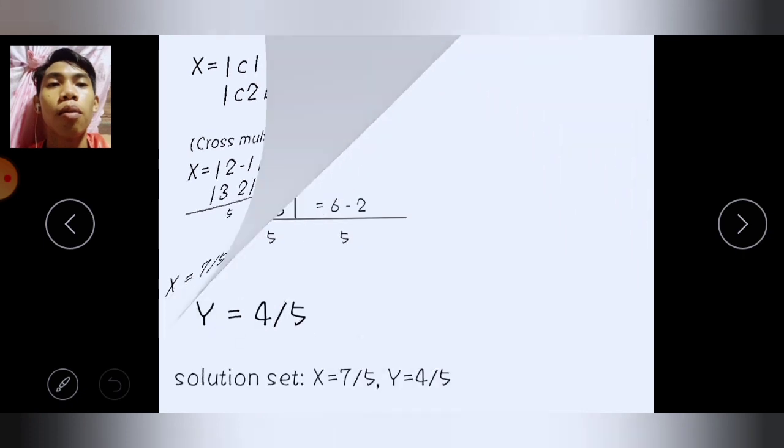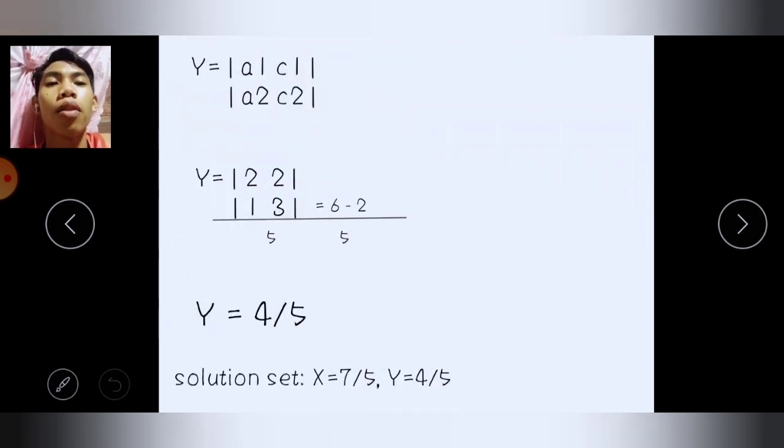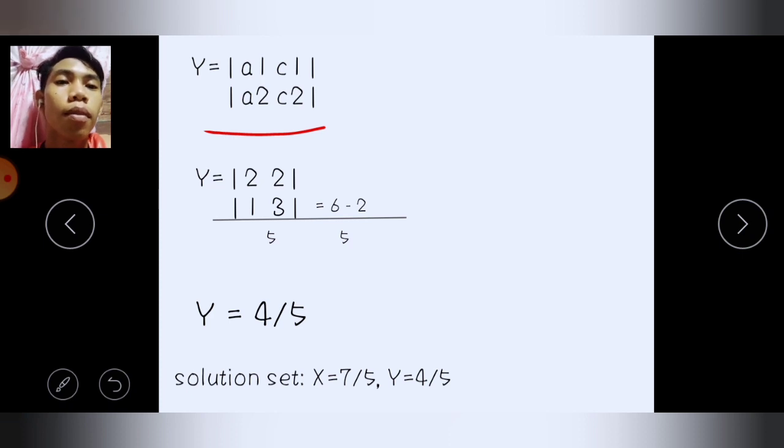So next, we're going to get the y. For solving y, we have this formula. So a1 and a2, then c1, then c2. So for our y, a1 is 2 and a2 is 1, c1 is equal to 2 and c2 is equal to 3. So just also cross multiply.